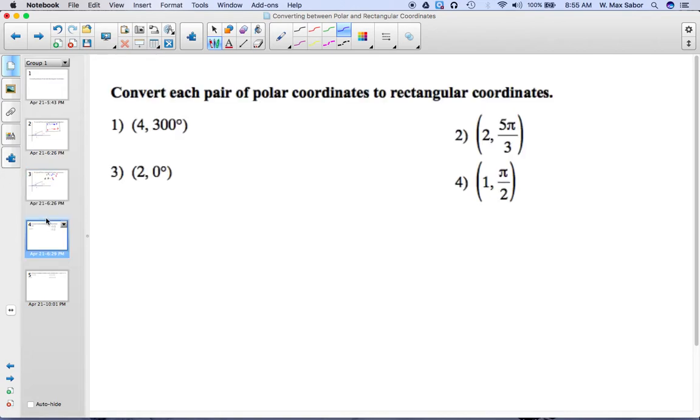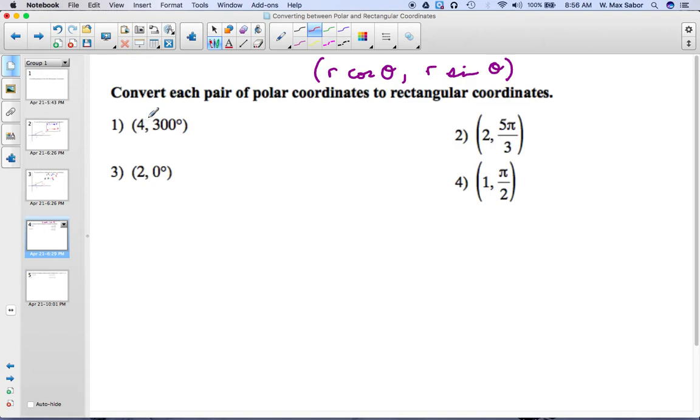So here are the equations that we use when we're trying to convert into polar coordinates. First, let's figure out what the rectangular coordinates are for these. Once again, we're always going to be doing r cosine and r sine.